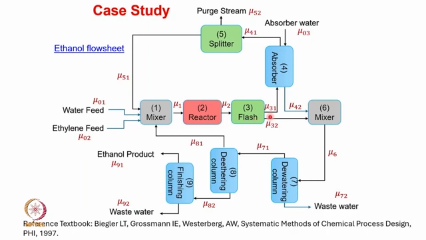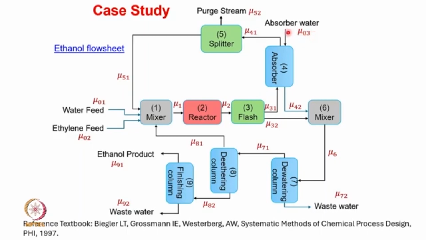The vapor stream is represented by mu 31, whereas the liquid stream is represented by mu 32. The vapor stream from the flash unit is then charged to the absorber unit, where the key component ethanol is absorbed by using water.